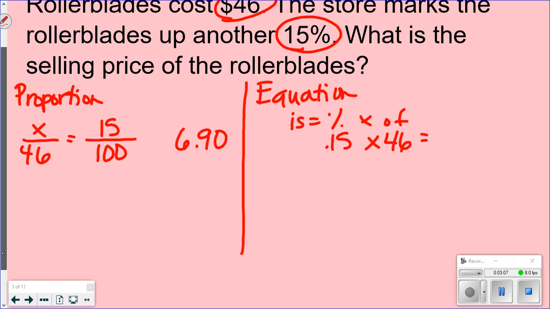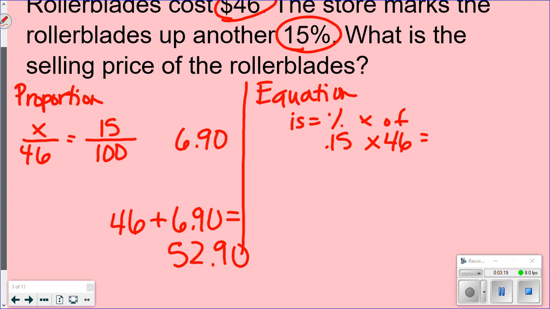So to figure out what that consumer is going to pay for them, you're going to add that $46 plus that $6.90, and that's going to tell you what those rollerblades cost for the consumer. Make sure I'm right here. Yep. So this is what the selling price is of those rollerblades.